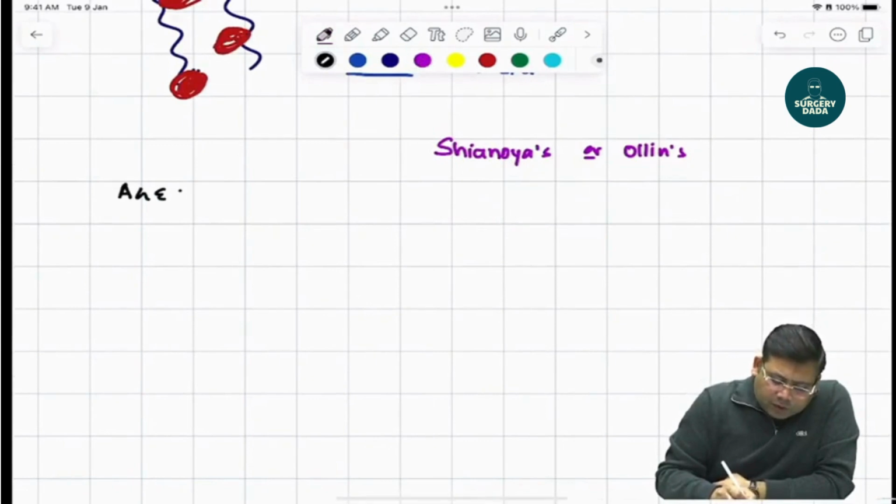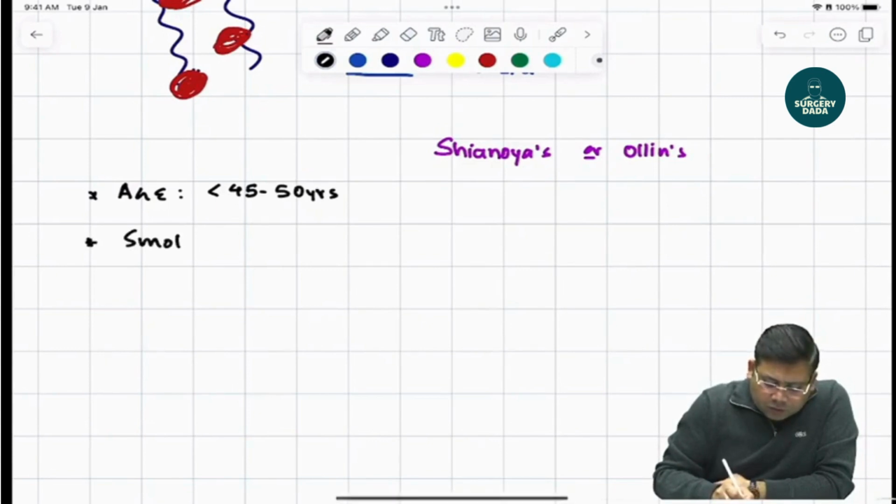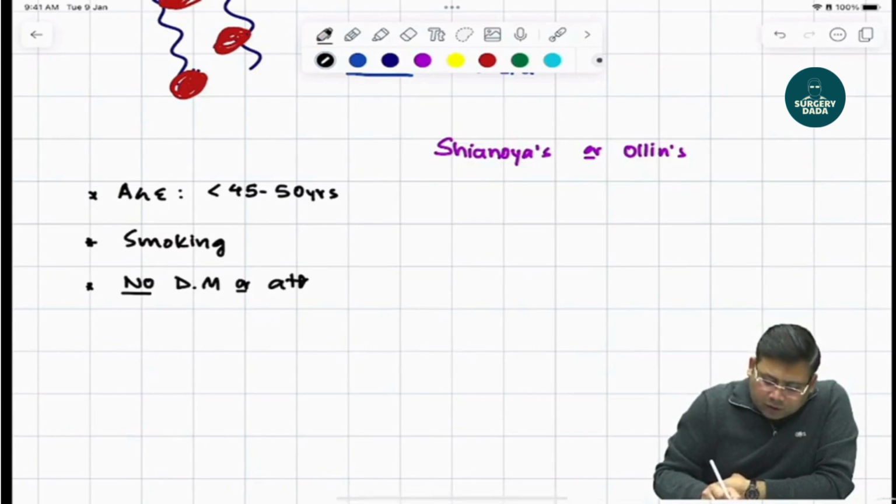Age of the patient should be less than 45 to 50 years, so young patients. Along with that, they should be smokers. Along with that, there should be no diabetes mellitus or atherosclerosis.